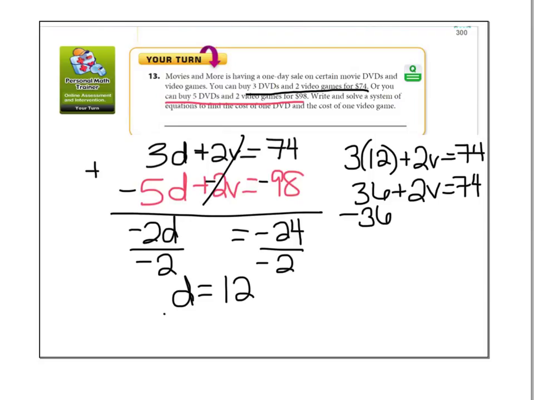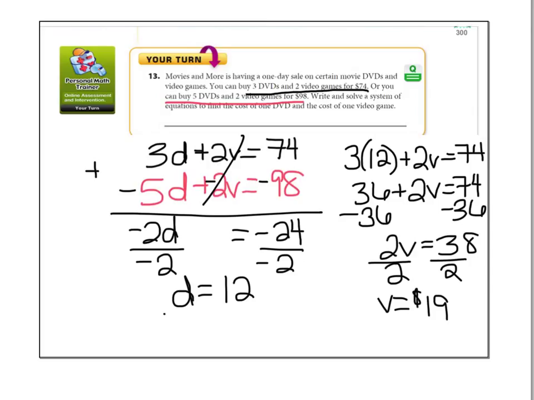Minus 36. So 2 video games are 38. Divide by 2. So each video game was $19 and each DVD was $12.